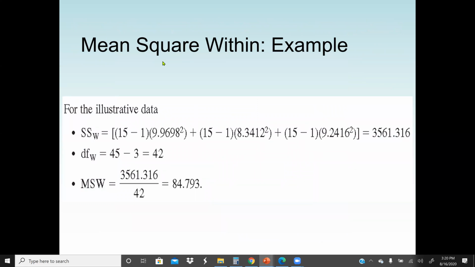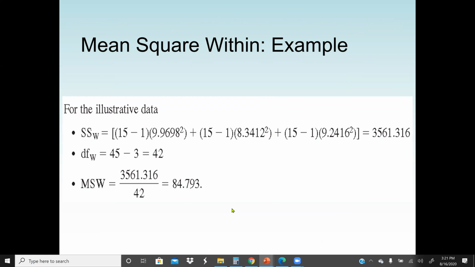So this is the mean square within example. We find the sum of squares within, which will be 15 minus 1 times 9.9698 squared, plus again 15 minus 1 times the 8.3412 squared.